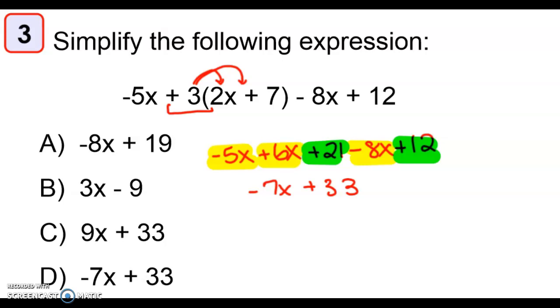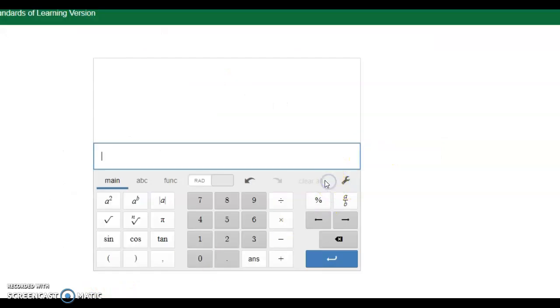But what I'm going to go ahead and do is verify my solution in Desmos. In line 1, I'm going to type in the expression that they gave us, and I'm going to make sure that I type it in exactly the way that it is written on my paper. In line 2, I'm going to type in the answer that I got.